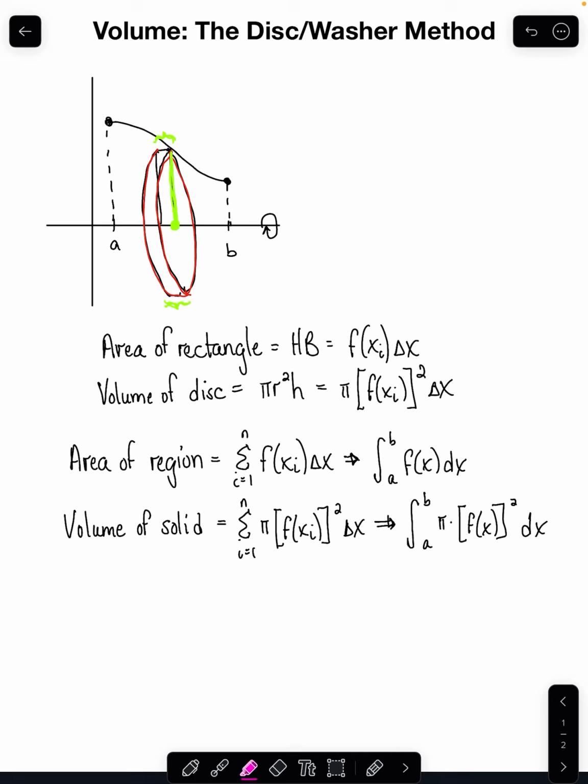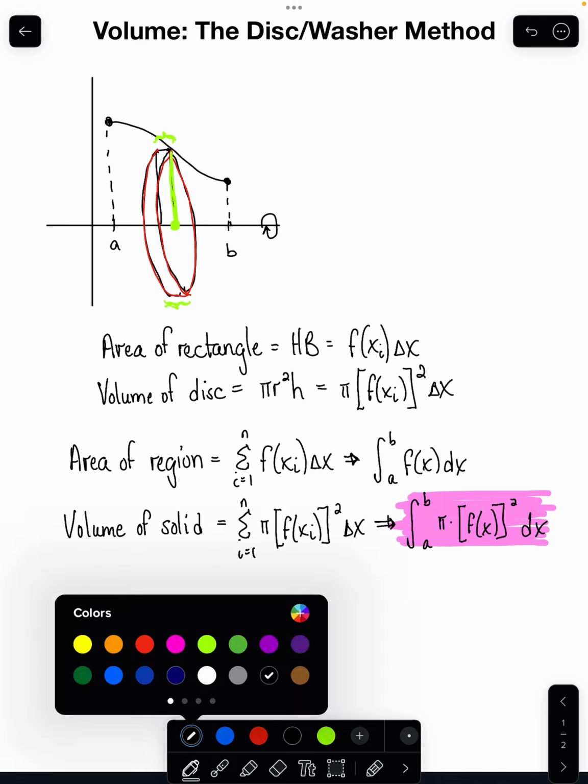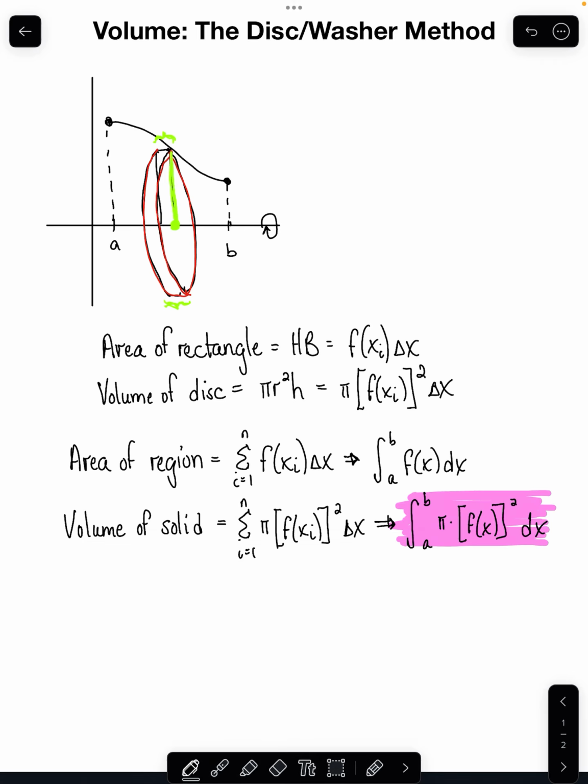This is known as the disk method. In future lessons, we will also talk about something called the shell method. But for now, we have the disk method for finding the volume of a solid of revolution.